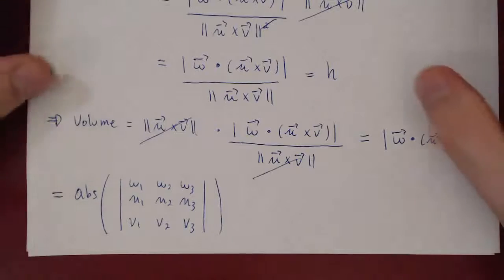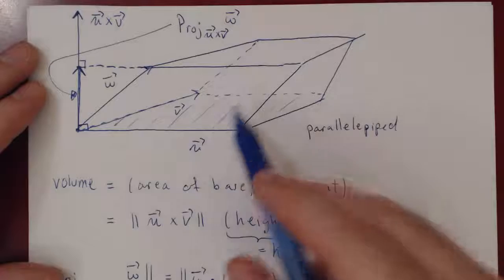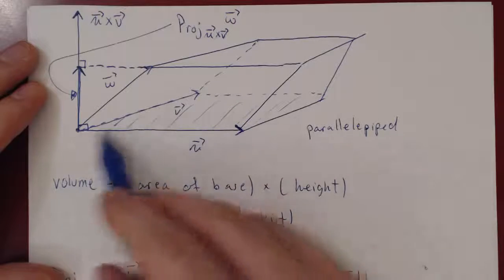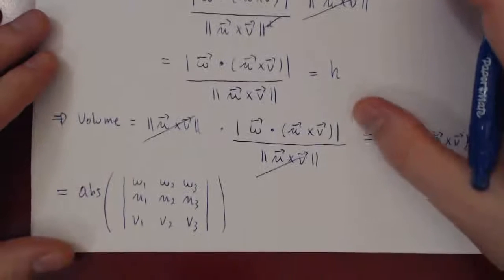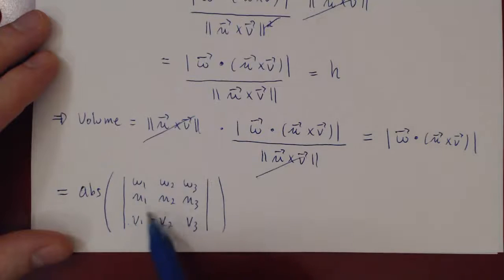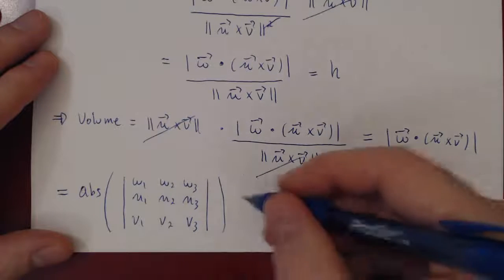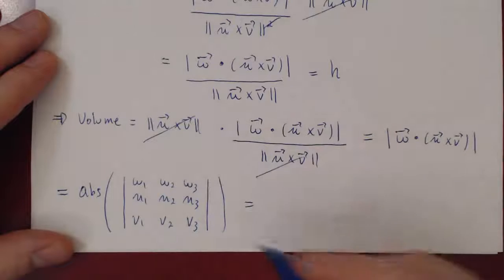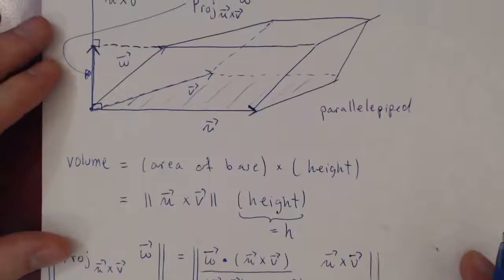And so you see that the solid, the parallelepiped, spanned by vectors U, V, and W, happens to be the determinant of the matrix where the rows are simply the three vectors in, of course, absolute value. The determinant here could be negative. Now, one thing I'll do here is I'll swap these rows as to keep the order consistent.